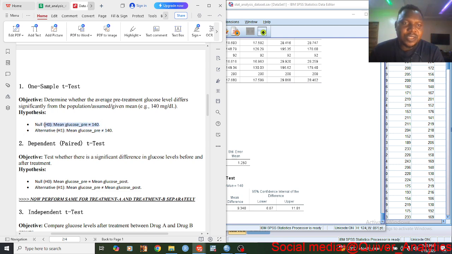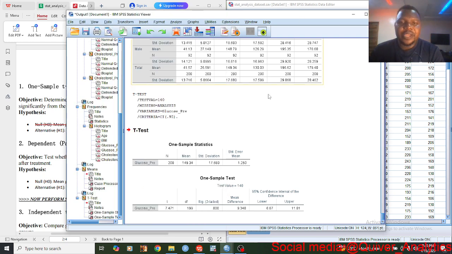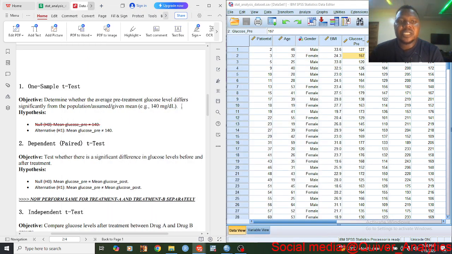So we reject the null hypothesis, and we conclude that mean glucose is not 140. All right, so that is the simple one sample t-test.